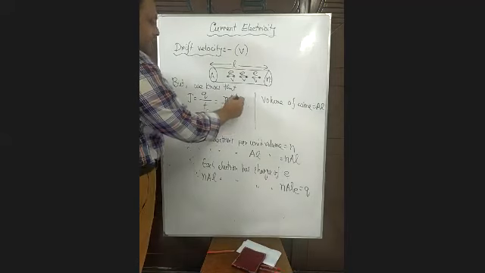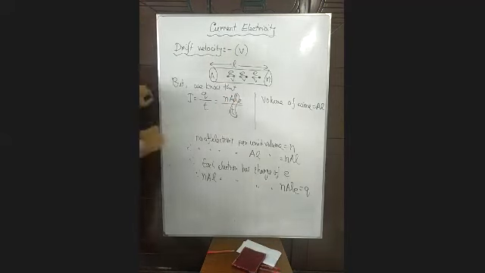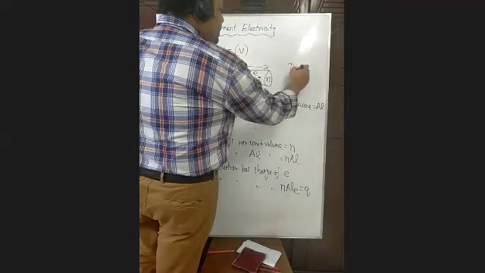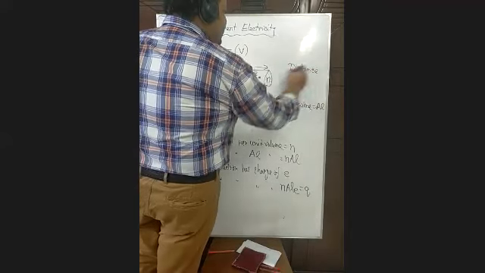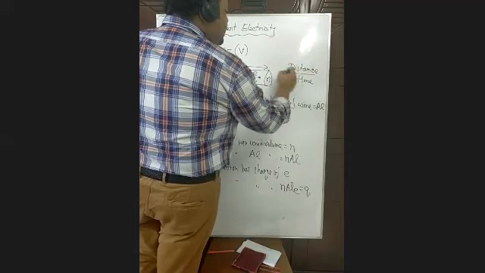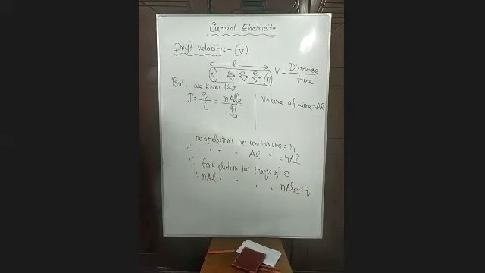Just like this. If you see this L by t ratio, L is the length, meaning distance, and t is the time. So distance by time can be said as velocity. And you have to remember one thing: when charge flows through a conductor, it has no acceleration. It only goes with uniform velocity. The definition of uniform velocity is total distance divided by total time.